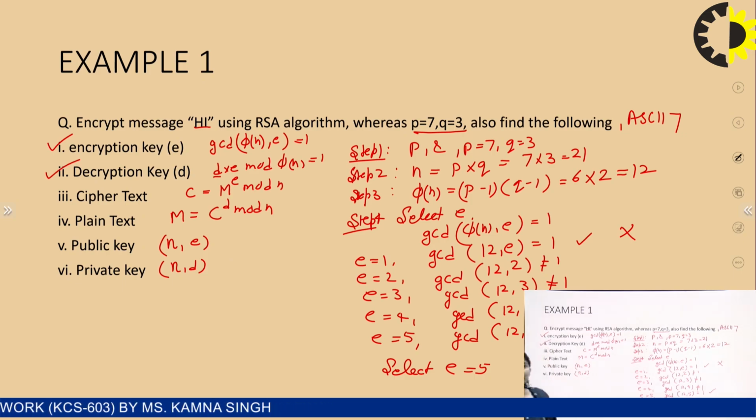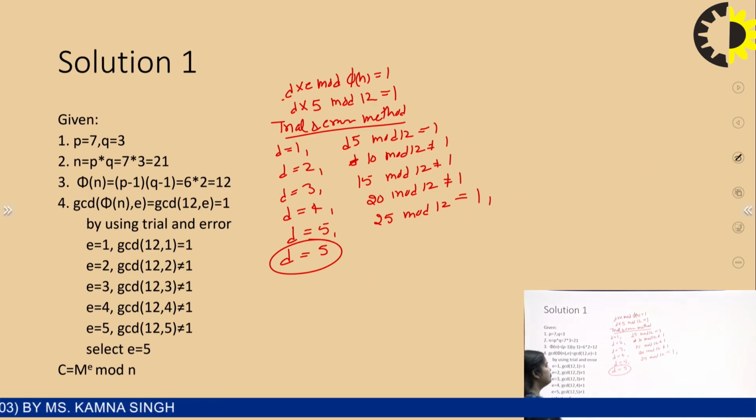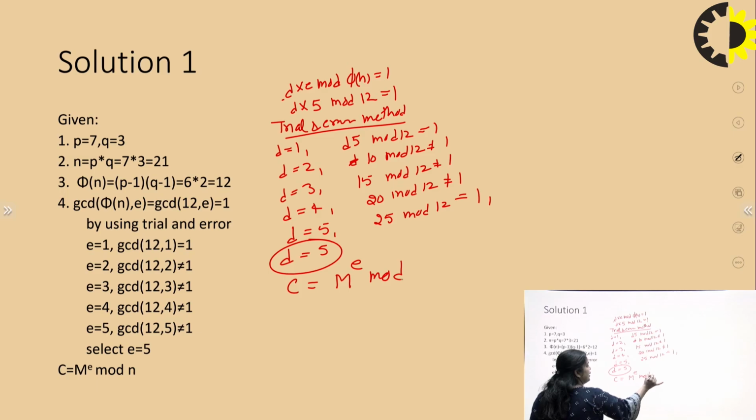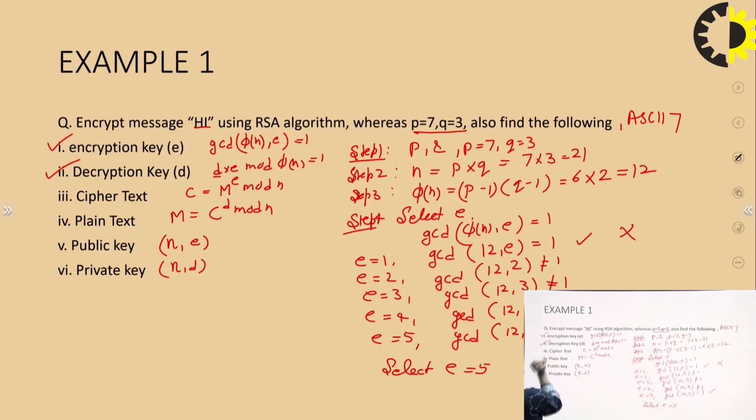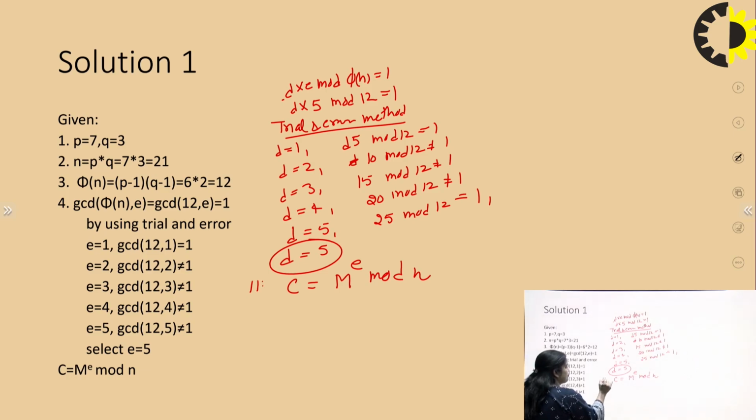Now, the calculation of the ciphertext. The ciphertext is M to the power E mod N. M is the message.